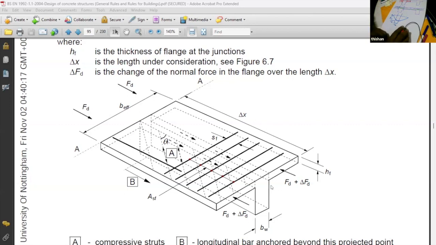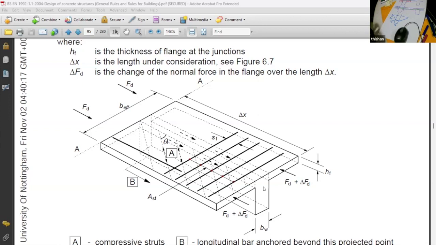Now you look at this diagram, just turn it by 180 degrees. What do you get? Inverted T foundation. The inverted T foundations are heavily loaded. These slabs are very lightly loaded. So in the case of inverted T type foundations, you might have to check for this particular condition.